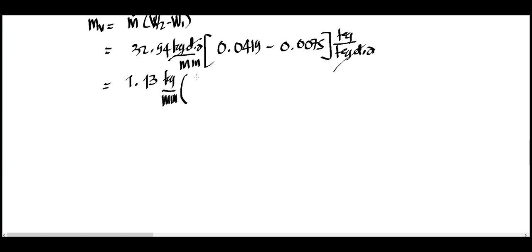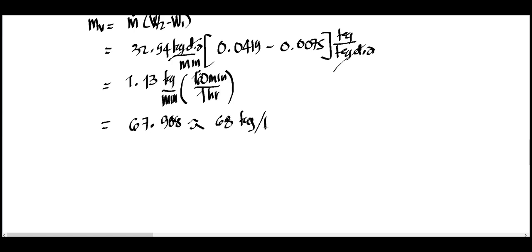So in 1 hour, that is 60 minutes, we have times 60, that will be 67.98, let's say 68 kilogram per hour is the moisture added.